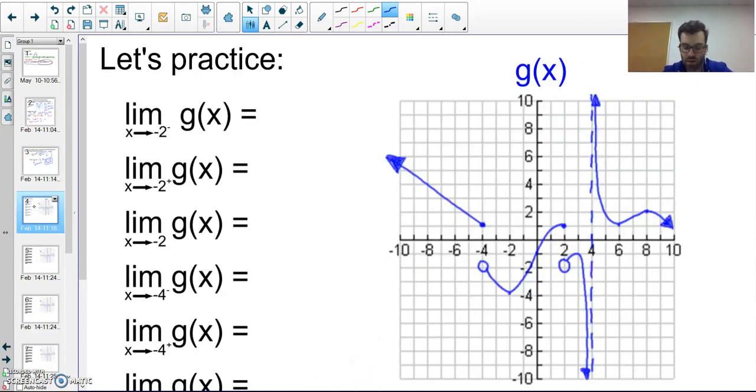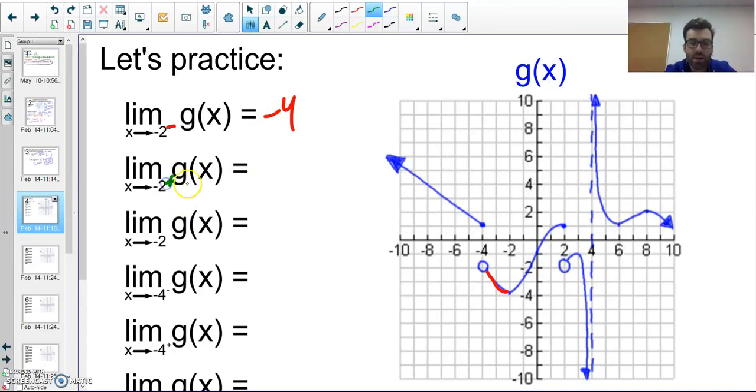What does this mean? Okay, so I'm going to look at my function. This function is g of x. It has a little negative up there in the right hand corner, like an exponent almost. So I go to negative 2. As my graph approaches negative 2 from the left, my function is at negative 4.